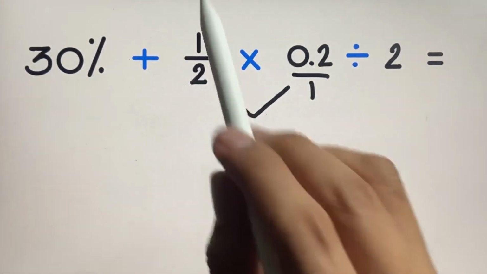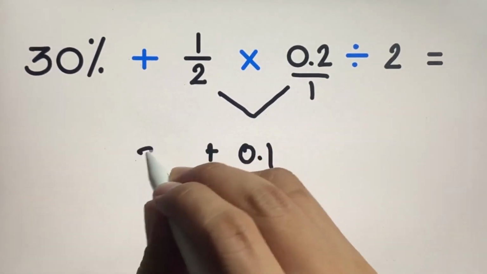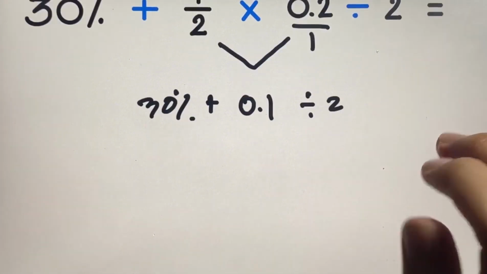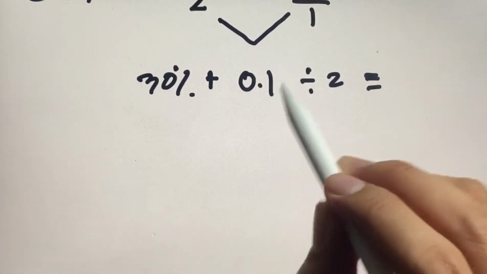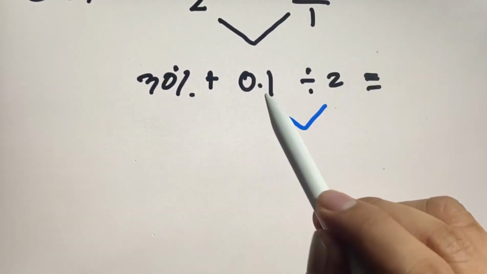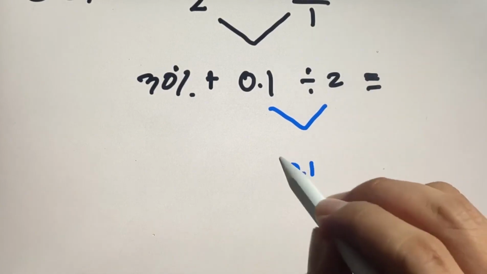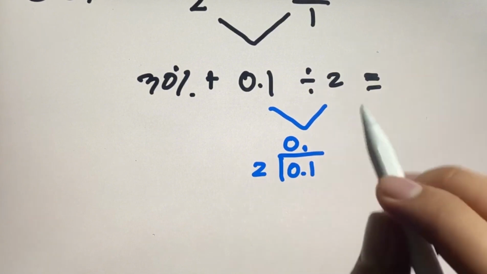So we're going to make it more clear. So what's left would be 30% plus 0.1 divided by 2. So in PEMDAS, the next step would be we're going to divide. So we're going to divide 0.1 by 2. So dividing 0.1 by 2, we'll introduce 0 here, I mean the decimal point there.